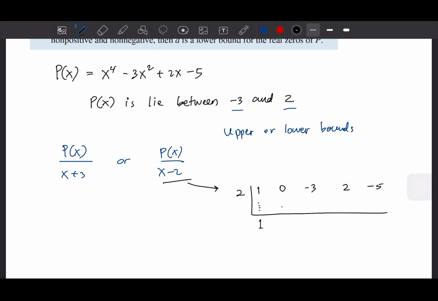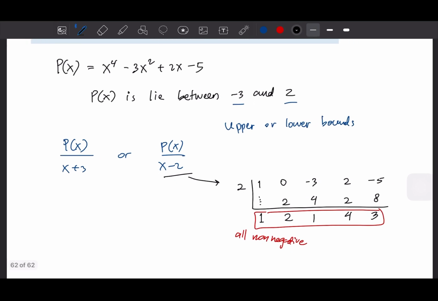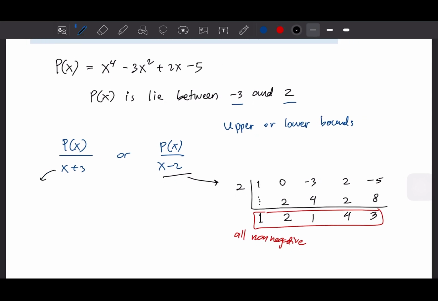And we have 1, we have 2, we have 4, we have 8, and we have 3. Now we see that these entries are all non-negative.